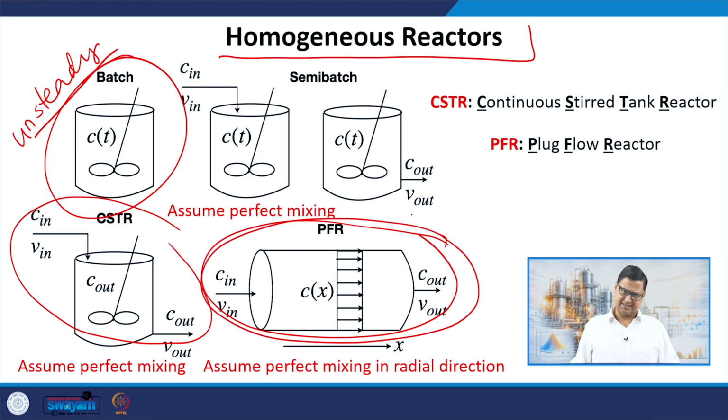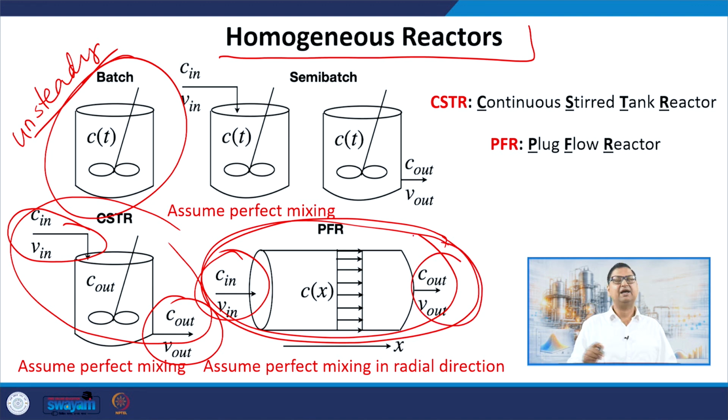In both these cases, you have an inflow of the reactants and outflow of the product and the unreacted reactants, right. In almost all these cases, we typically assume that we have kind of a perfect mixing. However, in the case of a CSTR, the perfect mixing exists all over the vessel.